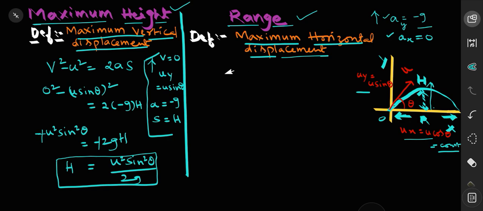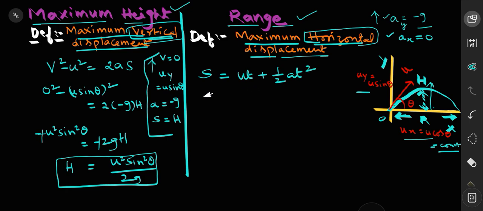Similarly, in the case of range, we will take the horizontal displacement. In the case of maximum height, we take the vertical maximum displacement, whereas in the case of range, we take the maximum horizontal displacement. We know from the expression S is equal to ut plus half at square.